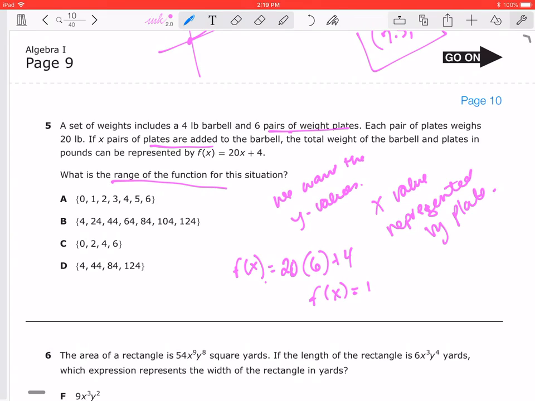So the f of x value is equal to 124. Now, I want to make a comment by looking at the A and the C values. It says pairs of weights. 6 pairs of weights. So that means that we're having from 1, 2, 3, 4, 5, 6. Okay, 6 pairs of weights, not 0, 2, 4.